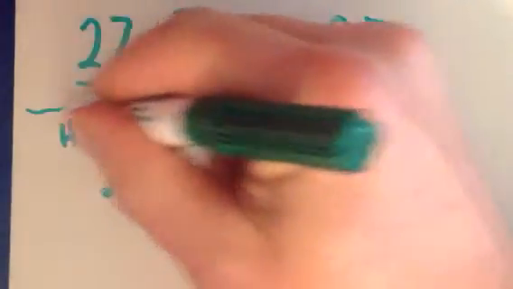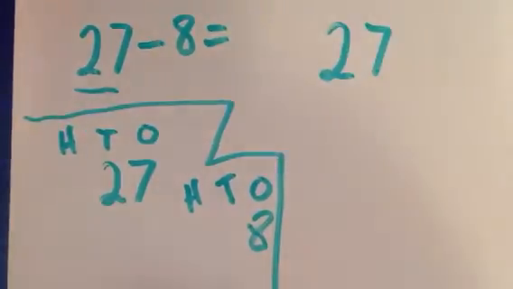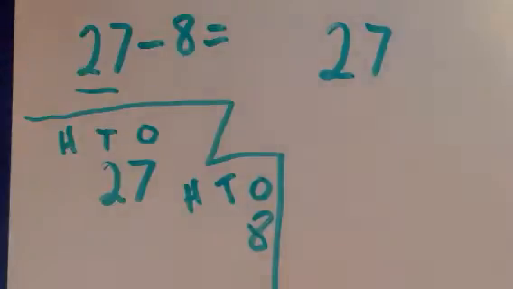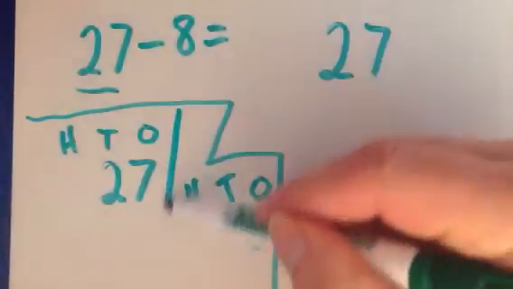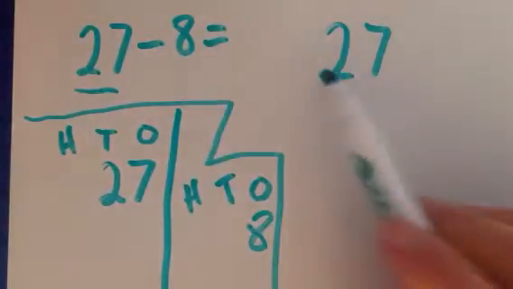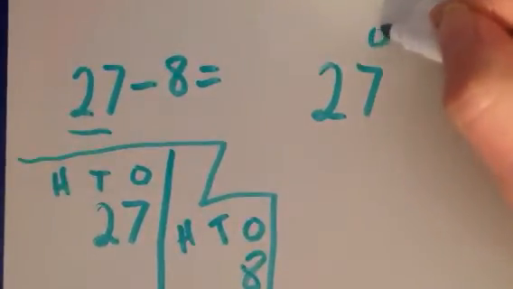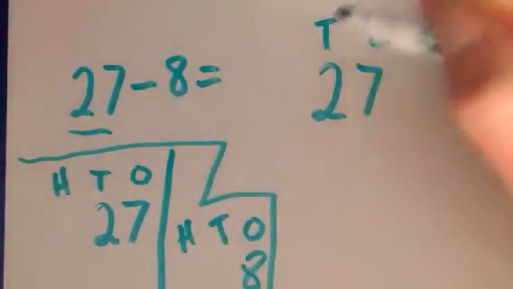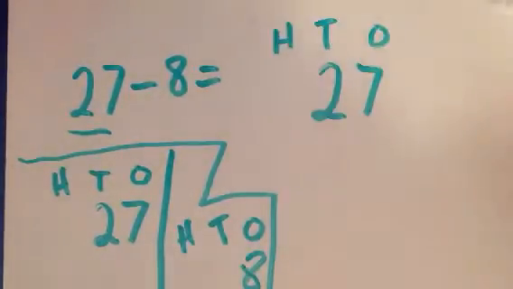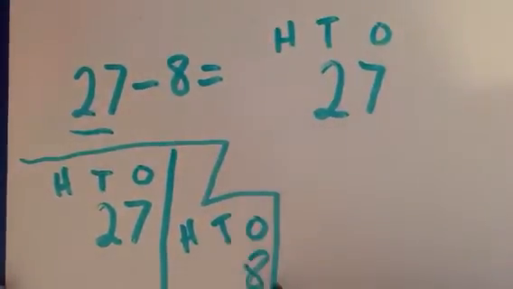So let's keep this in our mind as we stack and work through our problem. So when we have the number 27 here, we remember that this is our ones here, and this is our tens, and we've got no hundreds. Now we're going to stack the number 8.